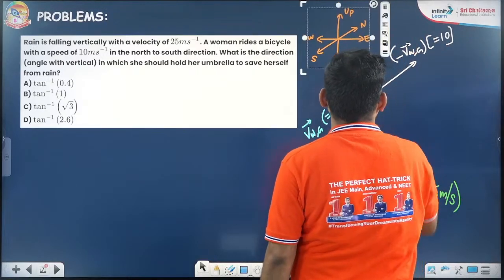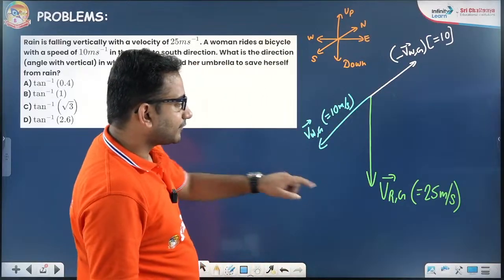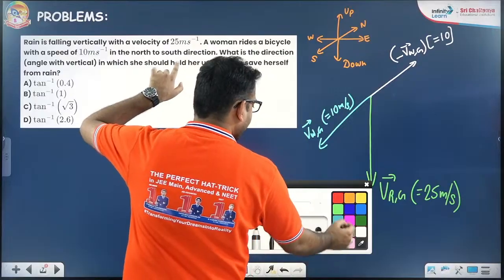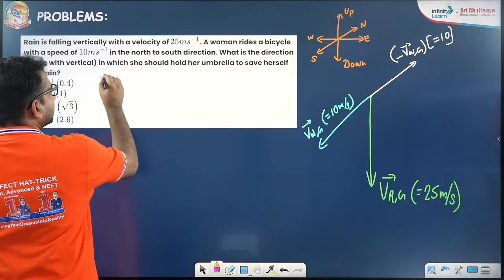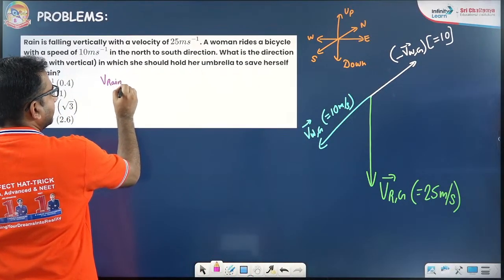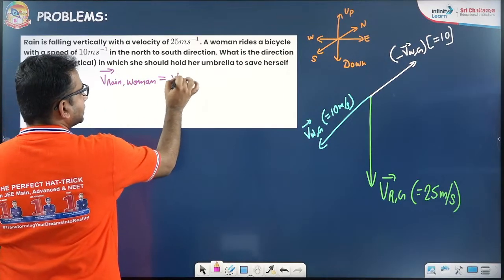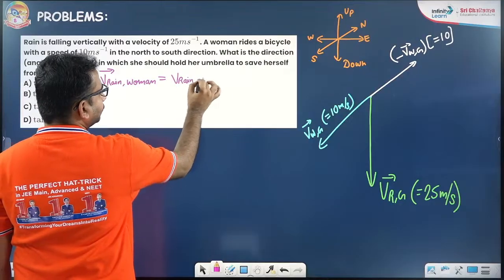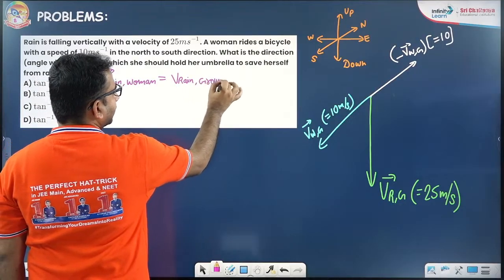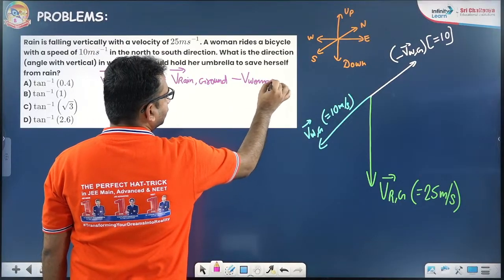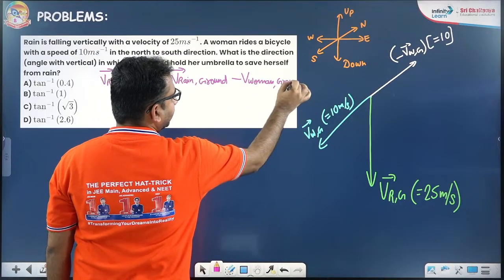All right, now, so that is the situation. We are interested in, see what they are asking, in which direction she should hold the umbrella. So I'm trying to write velocity of rain with respect to woman. So that will be given by velocity of rain with respect to ground minus velocity of woman with respect to ground. All right.